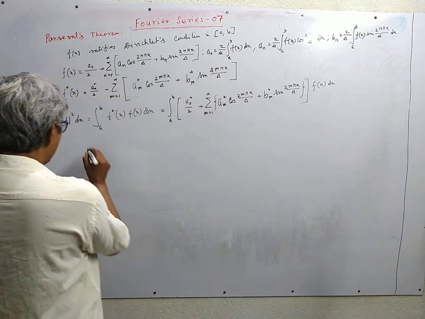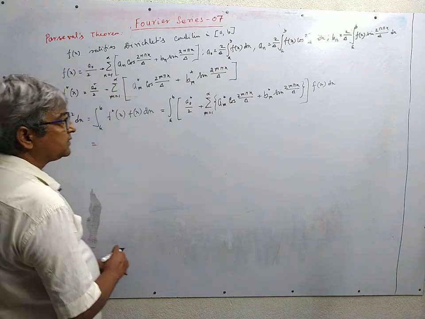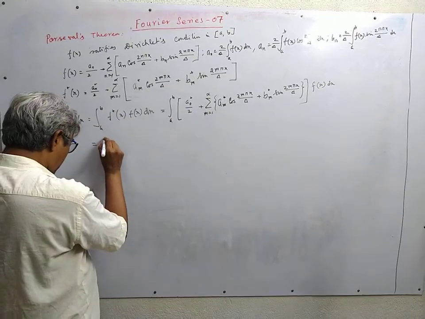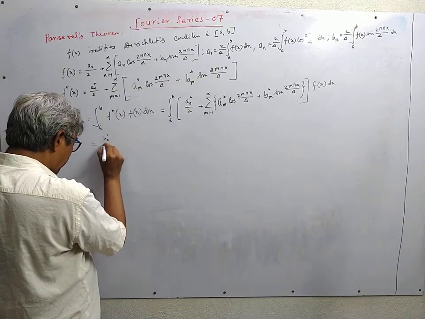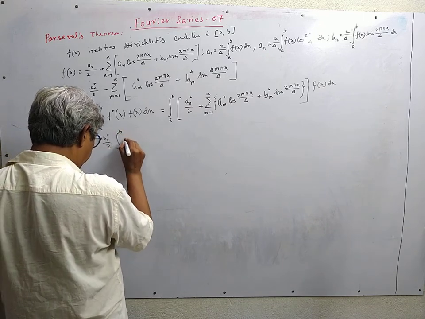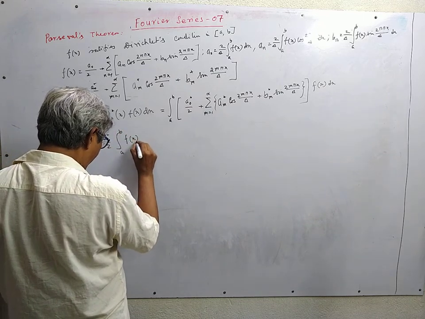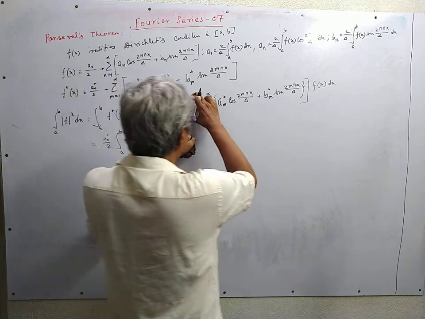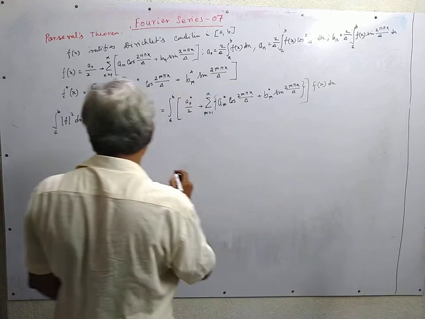Now we will have terms. First we consider this term: a0 star by 2 is taken out, and it is the integral from a to b of f(x) dx. This term is constant, so this is the integration.